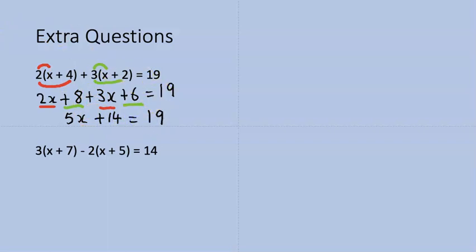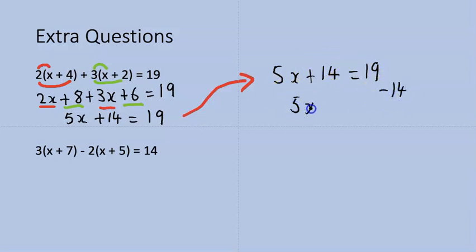So now I deal with this like a 2-step equation. So 5x plus 14 equals 19. I take away my 14 from both sides. So 5x equals 5. And then I divide by my 5 on both sides. So x equals 1.